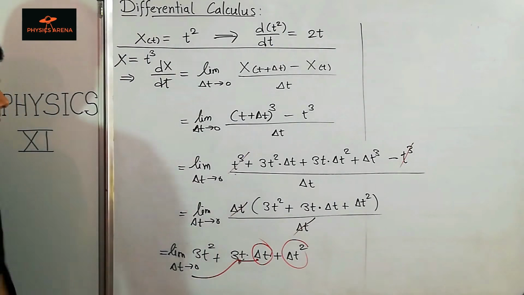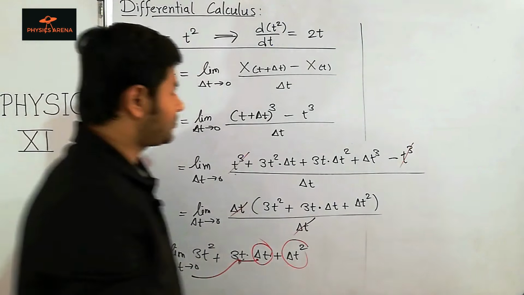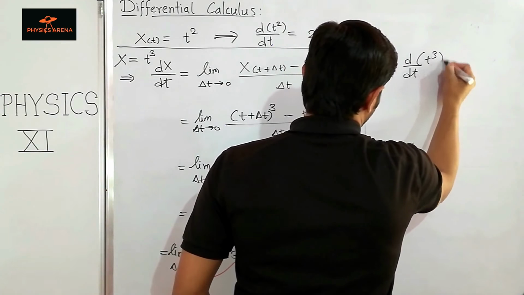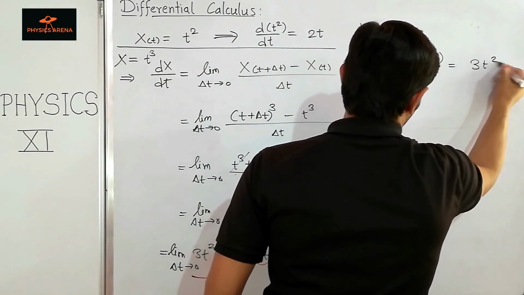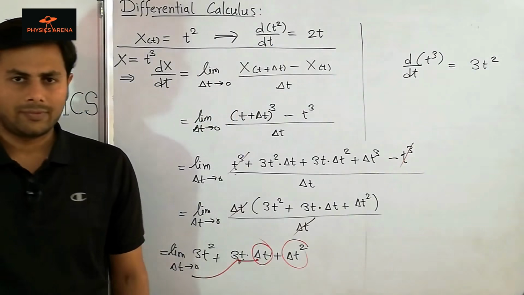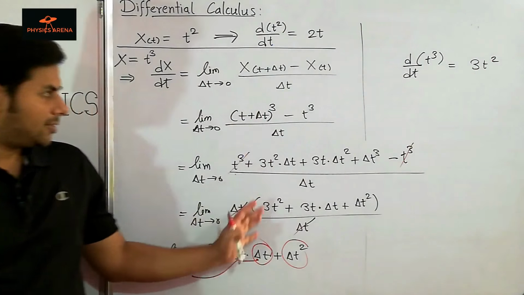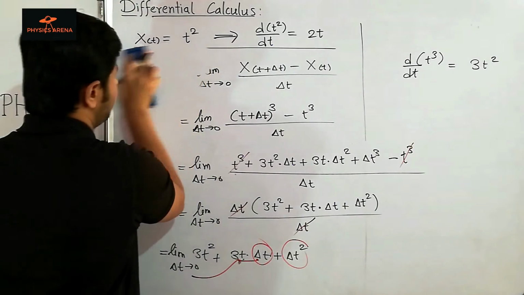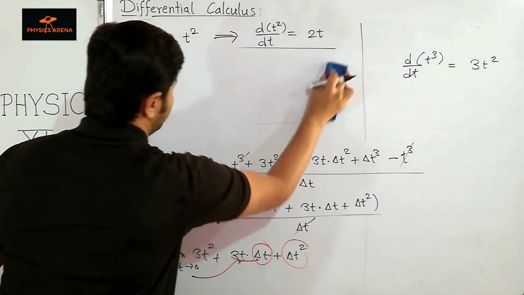So we get 3t square. So dx by dt, d by dt of t cube is equal to 3t square. Let me erase this and I will rewrite it here.